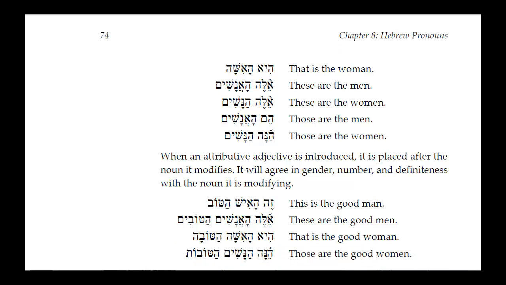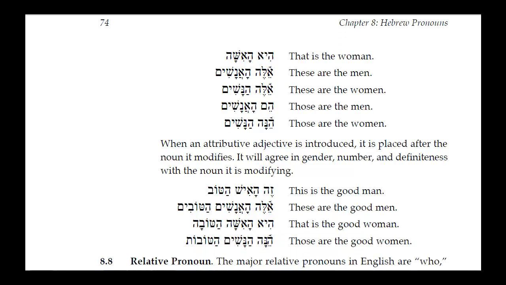So we have some more examples here. Hi ha-isha, that is the woman. Ele ha-anashim, these are the men. Ele ha-nashim, these are the women. Remember, we have to put in our "to be" verb here; we add that in for English purposes.